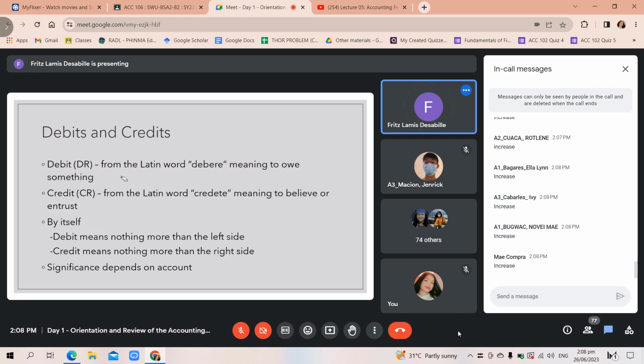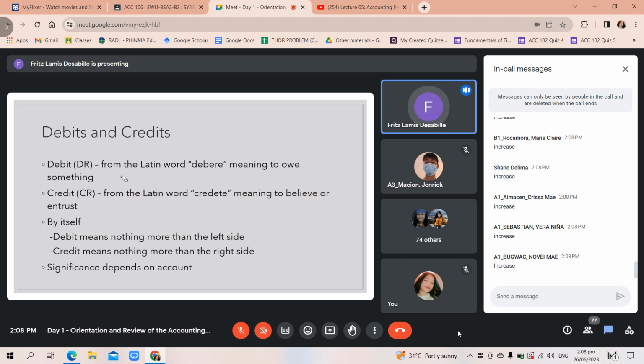Now, for contra asset, do you understand the meaning of contra asset? What will happen to the contra asset account if I credit it? Increase. So, example definitions of contra asset.